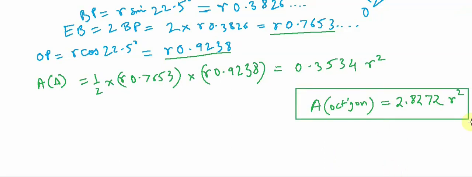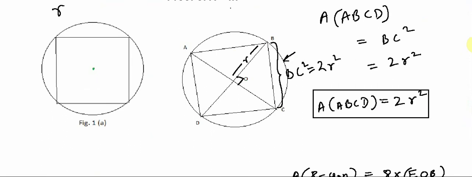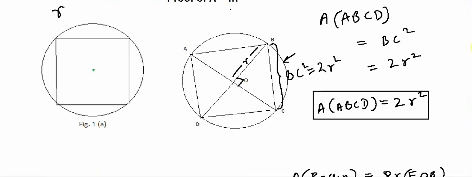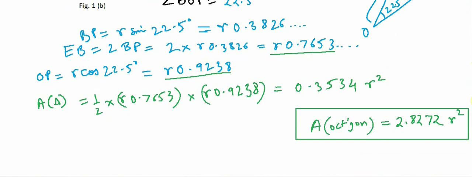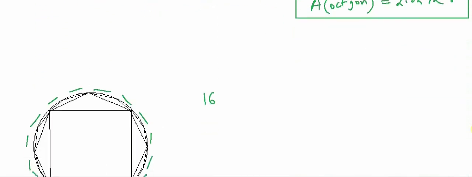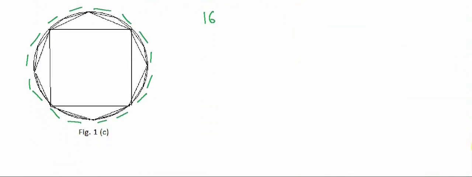So you see, the first iteration gave us 2R square, the area of the square. Then it refined itself. Now we have 2.8272 R square. And the third iteration will be finer yet. Let us see what value it gives. So this is the last iteration.